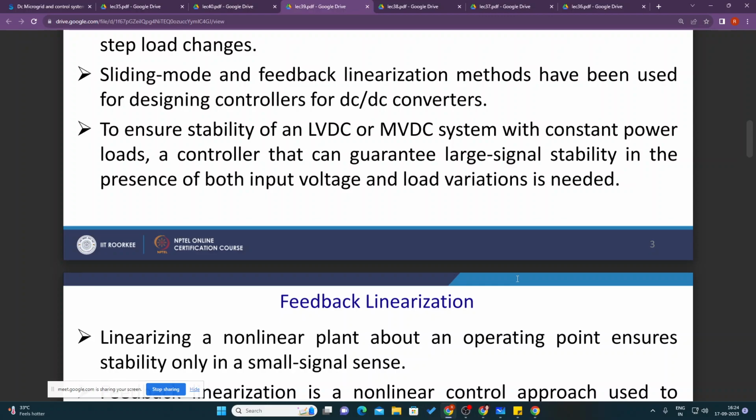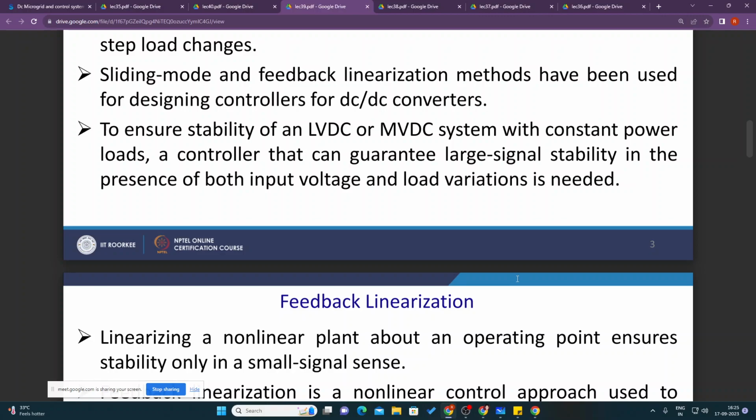In practice, non-linear methods are not much used. The linearization technique is only used for controlling power electronics converters. Non-linear techniques are very rarely used because, since they are non-linear, you cannot get any idea of the stability margins or how the control algorithm is performing.